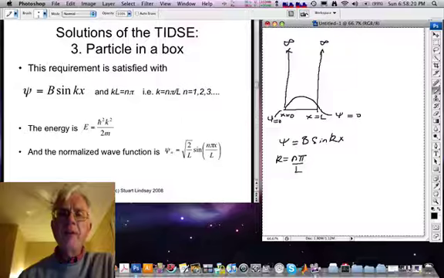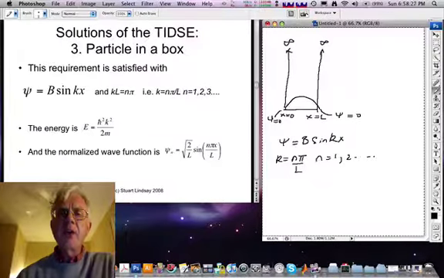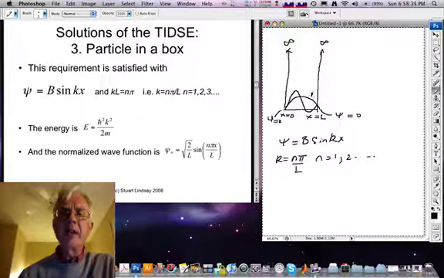But notice this is true of any value n equal 1, 2, and so on. And so we can put successive sine waves in here. So here is n equal 1, n equal 2, n equal 3, and so on.